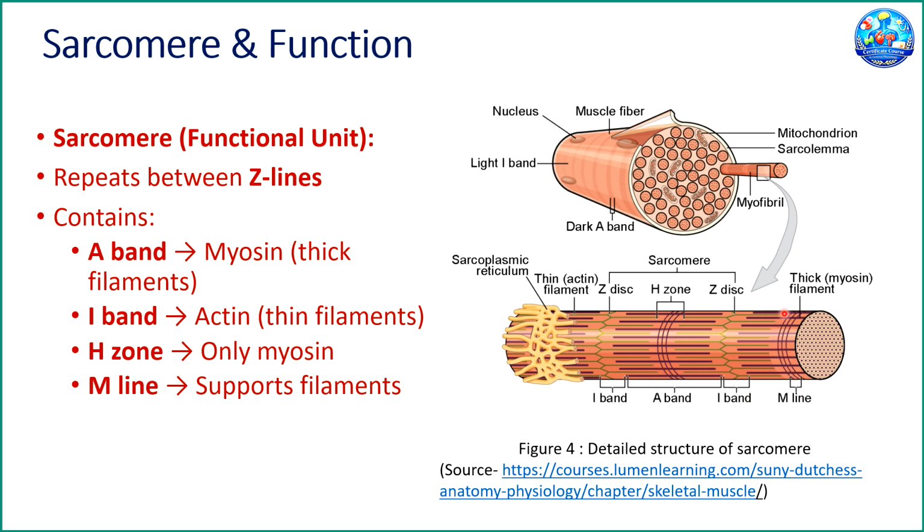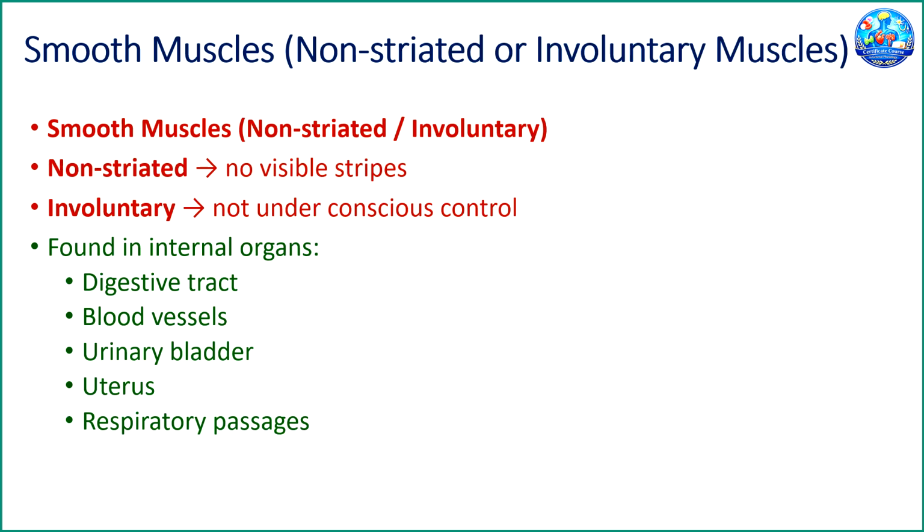This M line supports the arrangement of these filaments. The overlapping of actin and myosin filaments inside this sarcomere gives rise to the striated appearance of the sarcomere and even the muscles. The second category of muscles are the smooth muscles, which are also called non-striated muscles or involuntary muscles.